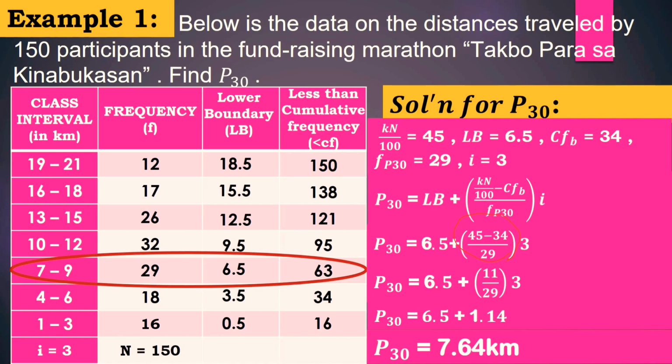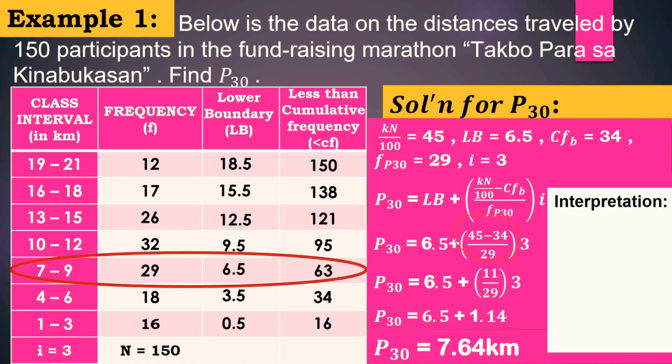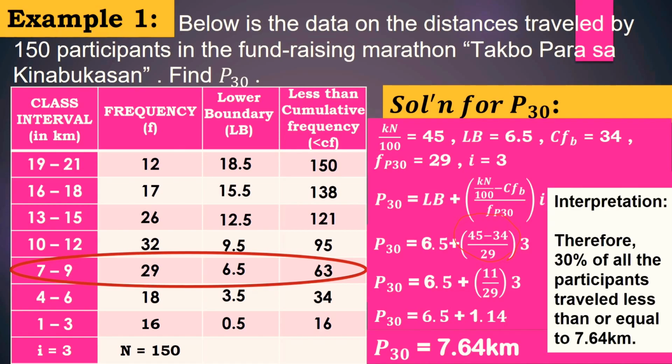So P sub 30 equals 7.64 km, kilometer. Therefore, 30 is 30%. So P sub 30 is 30%. So 30% of all the participants traveled less than or equal to 7.64 kilometer.